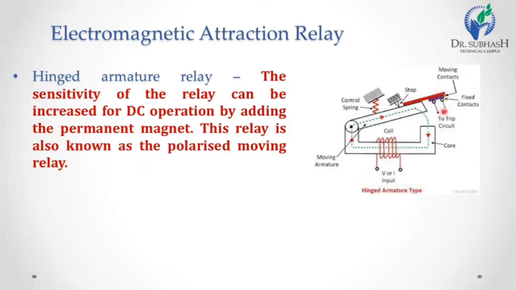It is connected with this plunger, the moving armature. This is a control spring. So if some flux develops in this core, it will attract this moving contact and trip the circuit. It is very easy to understand.